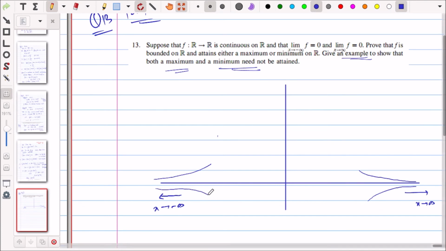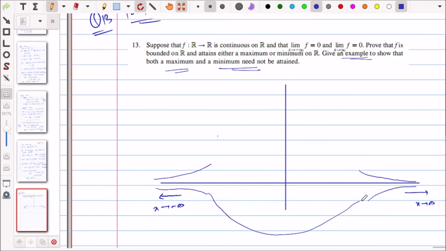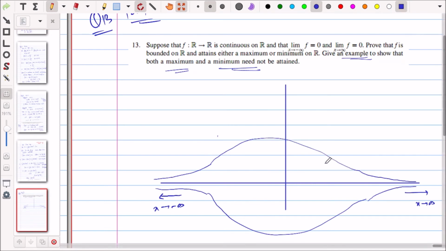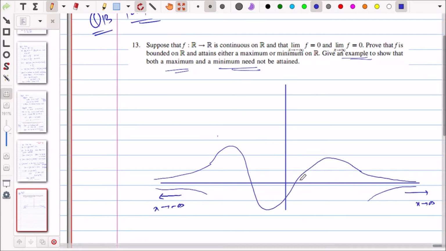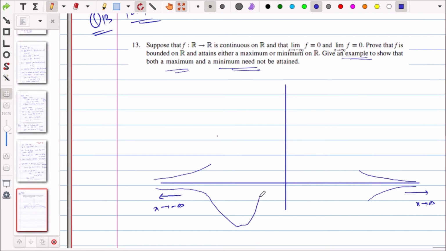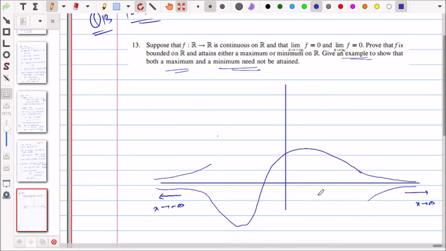We can have some function like this, or like this, or anything in between, or something going up and down like this. So all such functions will work, all similar types of functions.